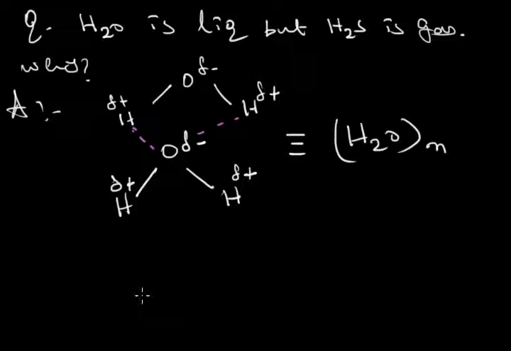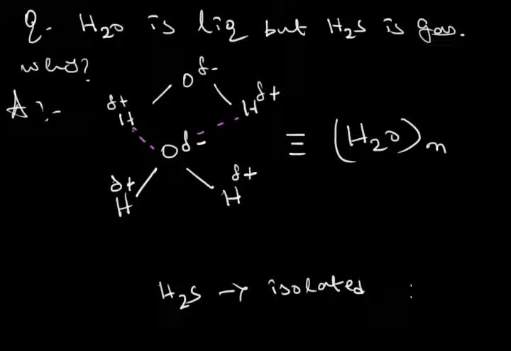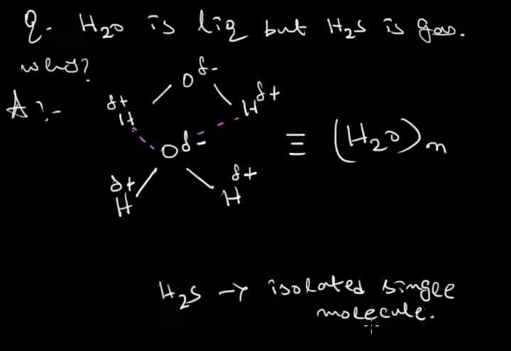But since sulfur is bigger than oxygen and its electronegativity is lower, H2S cannot form hydrogen bond and it exists as isolated single molecule. So, intermolecular force of attraction is low in case of H2S compared to H2O. Hence, boiling point of H2O is greater because intermolecular force of attraction is greater, and H2O is liquid at room temperature, whereas H2S is gas.